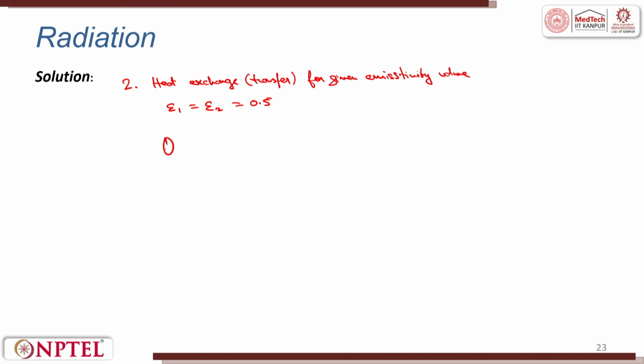So, therefore, Q here for epsilon as 0.5 is A sigma T1 power 4 minus T2 power 4 over 1 by epsilon 1 plus 1 by epsilon 2 minus 1.